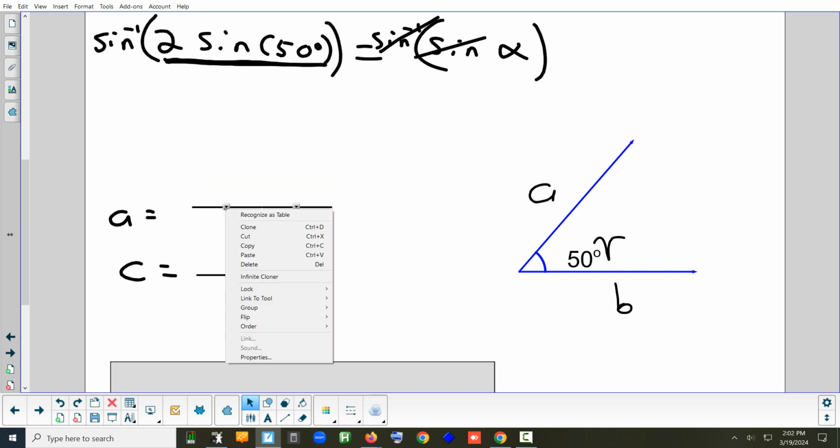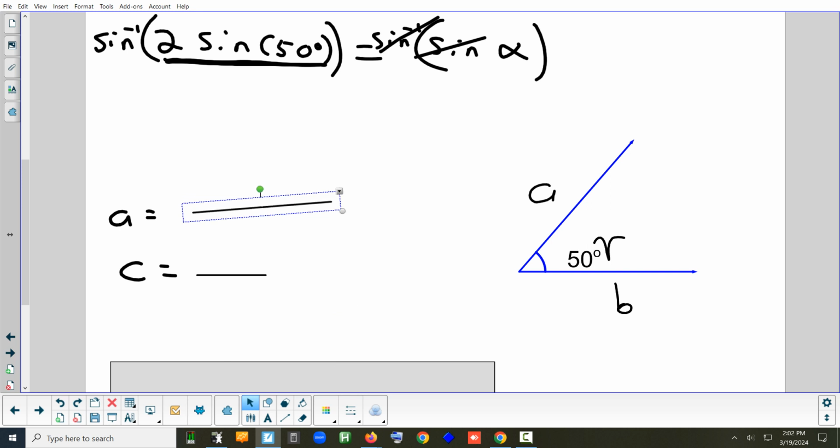All right. Now, once I group something together, then I get that little green handle on it, which lets me turn things. I need to be able to turn this one, but it doesn't have the green handle. So what I can do to cheat and get the green handle is group it with something, and then I can make what I grouped it with invisible.